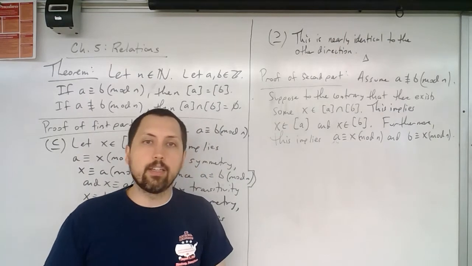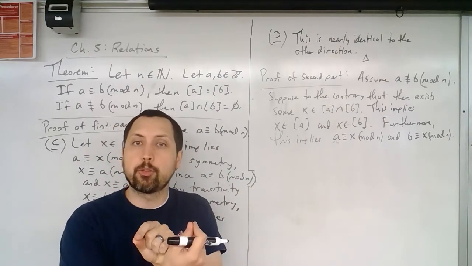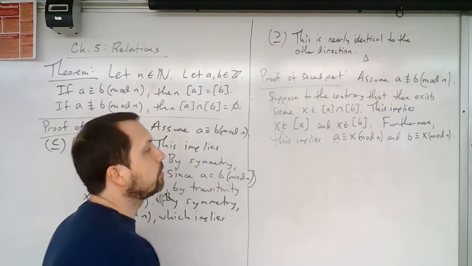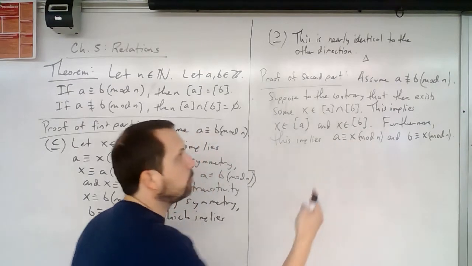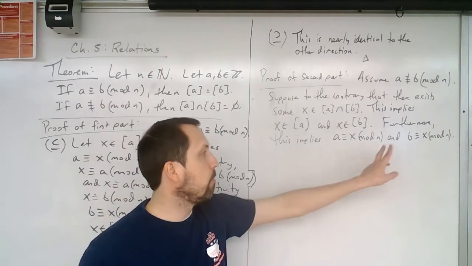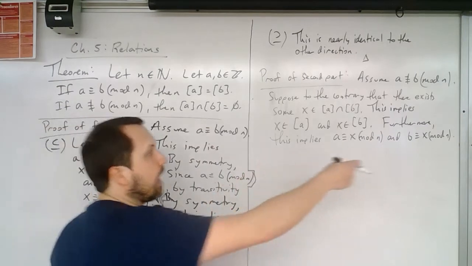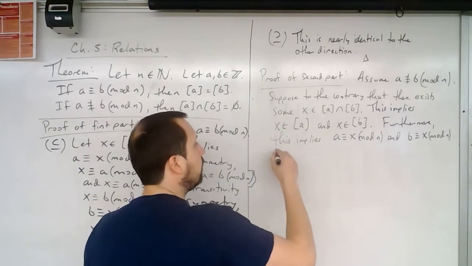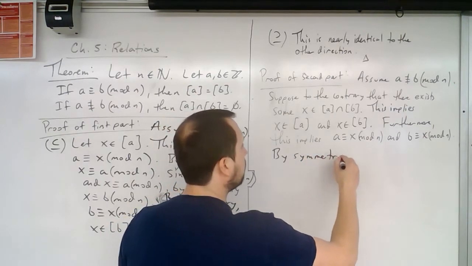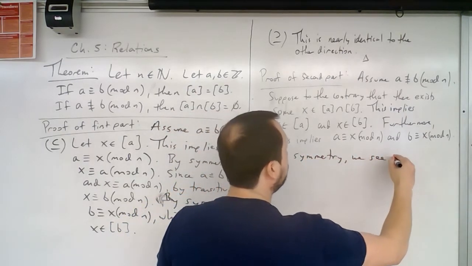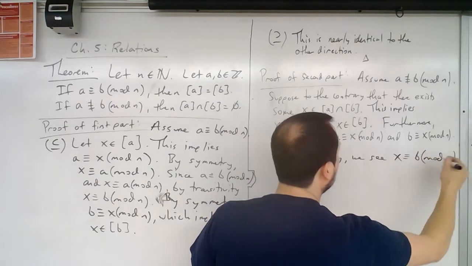So hopefully, if you're thinking about what we know about congruences, we can use something like symmetry at this point, right? We would like to switch one of these, so I could now switch these two. So by symmetry, we see that X is congruent to B mod n.